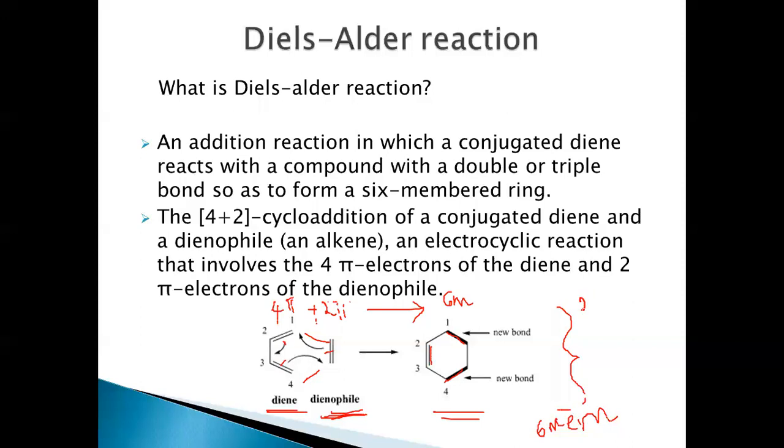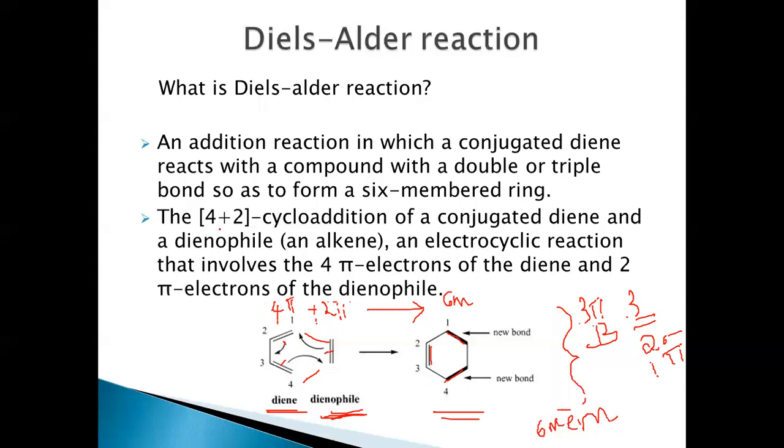So 3 bonds are broken and 3 bonds are being formed here. These are the broken bonds, and out of 3 new bonds which are formed, 2 are new sigma bonds and 1 is a pi bond. So if we observe carefully, 3 pi bonds are broken and 2 new sigma bonds and 1 new pi bond are formed here.